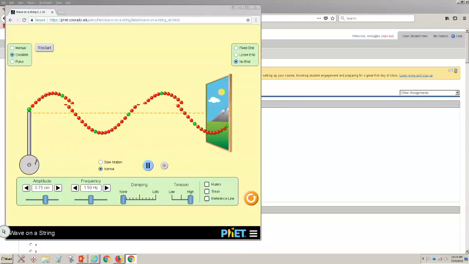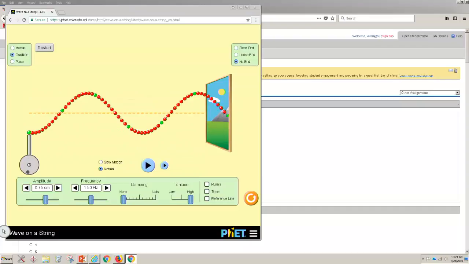So, a model of a wave, a snapshot, a photograph. Where is the wavelength? Well, from one maximum displacement from equilibrium to another maximum displacement from equilibrium. It does look like it travels as a whole to the right.